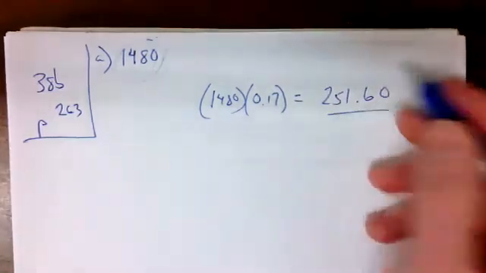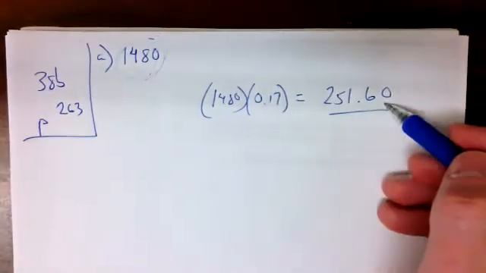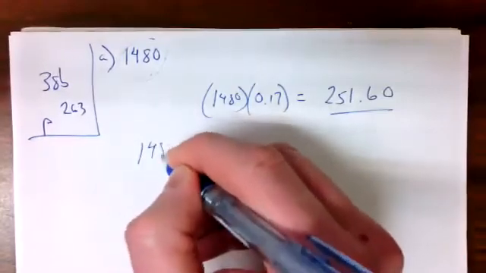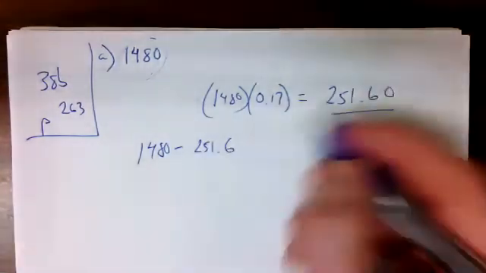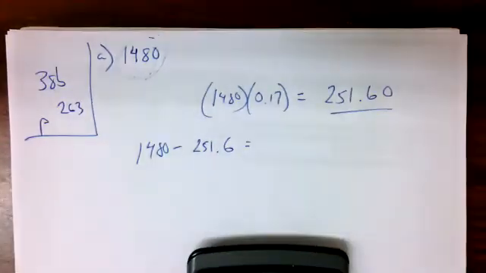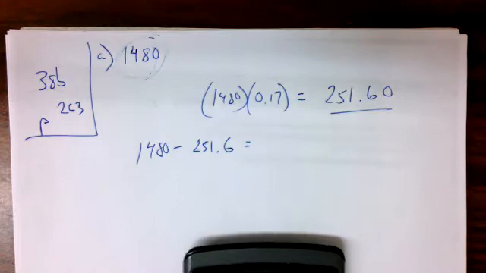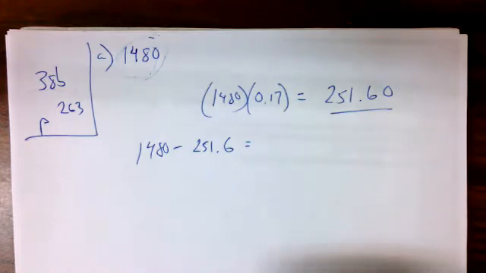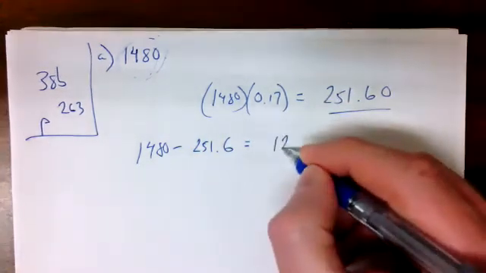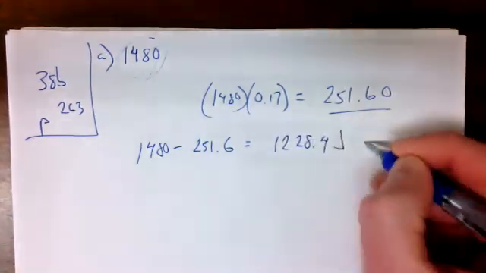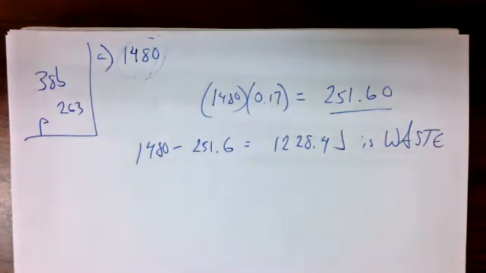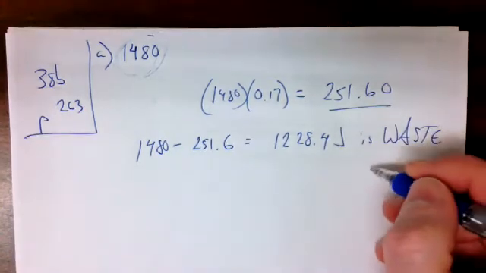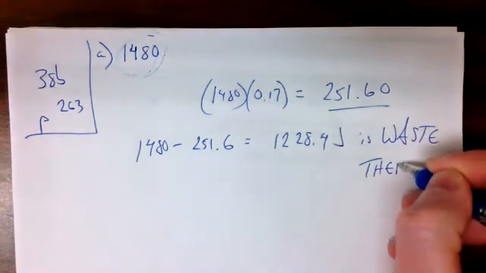So there is 251.6 joules of useful energy. 1480 minus 251.6, which would be the same thing as multiplying by the 83%, is 1228.4. So 1228.4 joules is waste. And would that type of waste be heat or thermal? If you said heat waste, I'm okay with that.